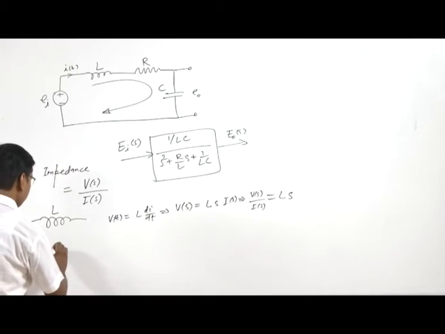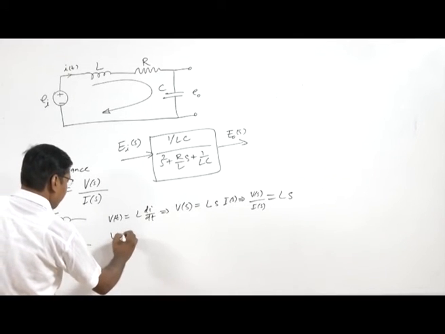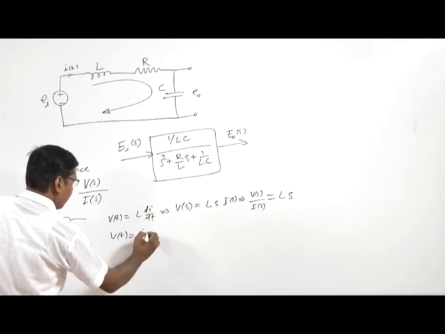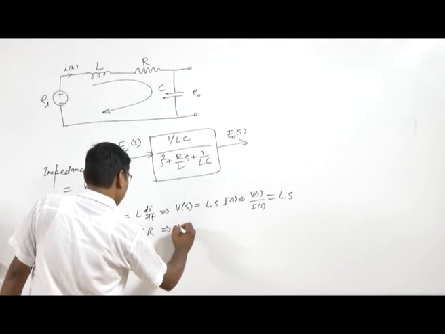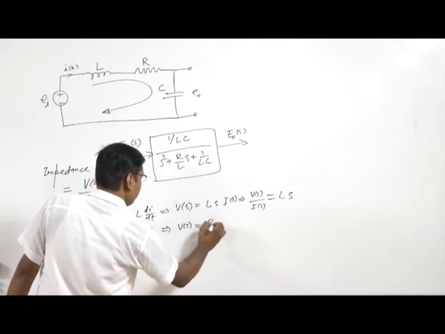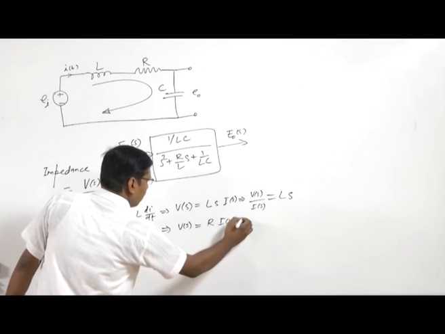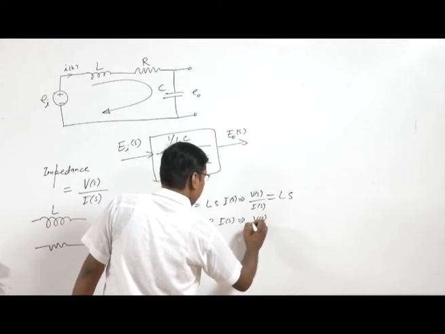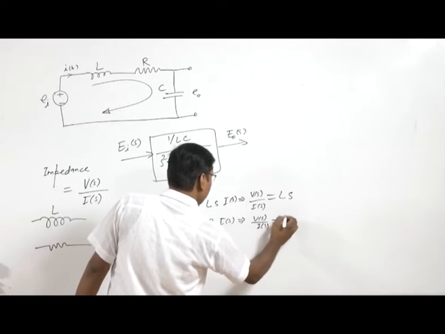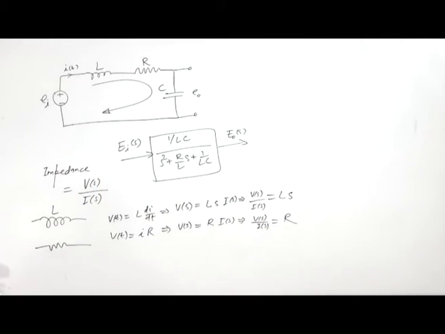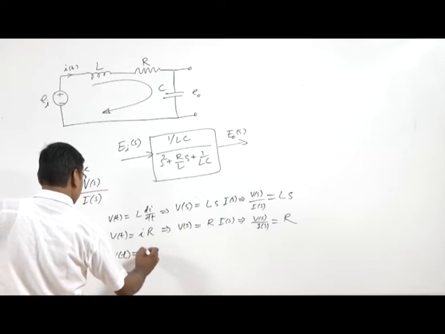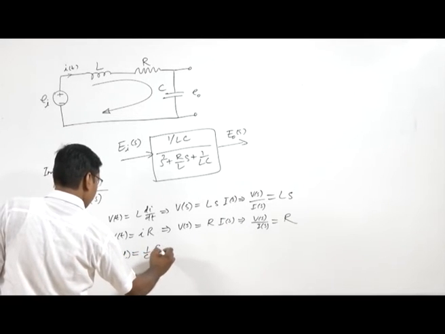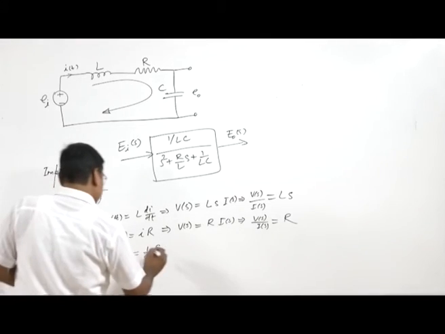For a resistance, v equals i R. So here V(s) equals R into I(s), so V(s) upon I(s) equals R. Similarly, for a capacitor, we have v equal to 1 upon C integral of i dt.